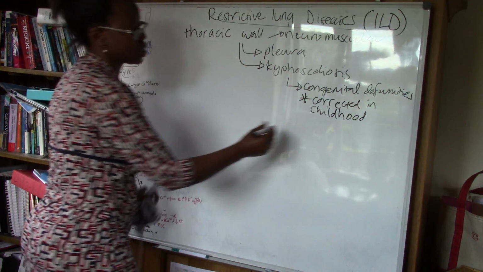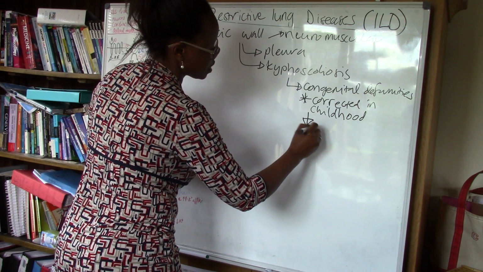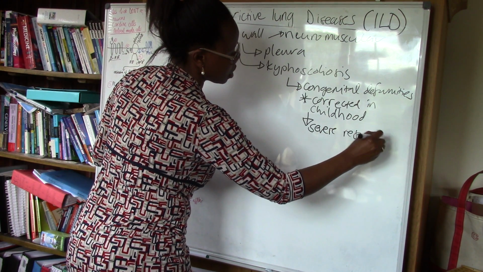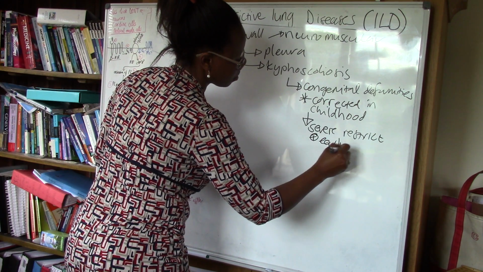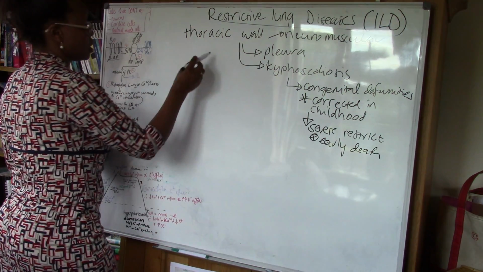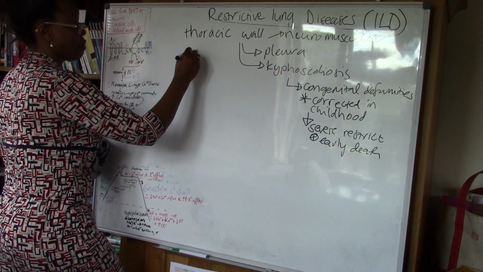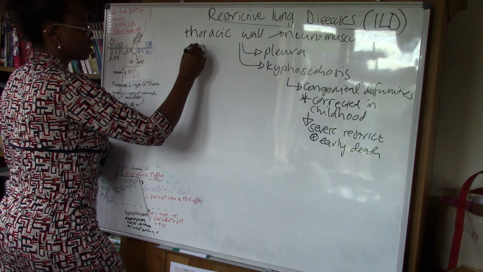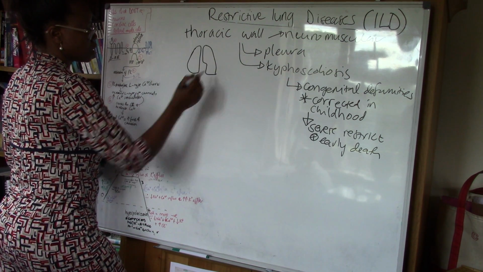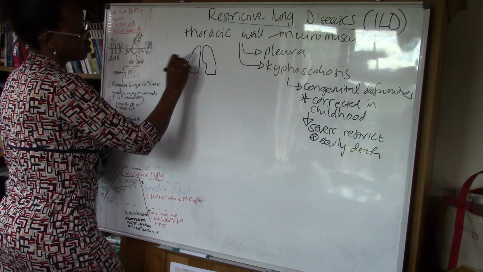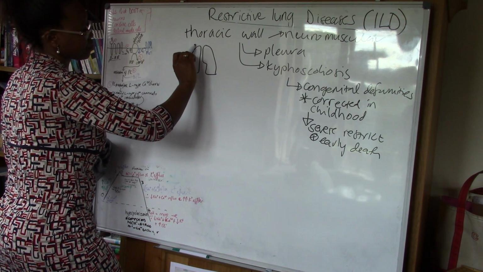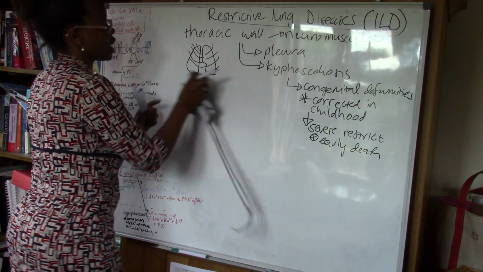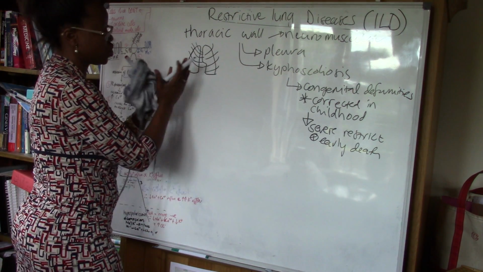Because if not, they will lead to severe restriction and early death. And when I say things like scoliosis, if you can imagine something pressing on the lungs, a deformity that reduces the thoracic wall and causes the lungs to be deformed and reduced in size.